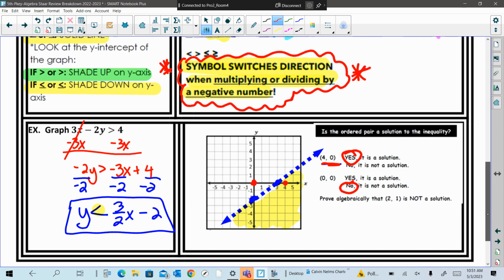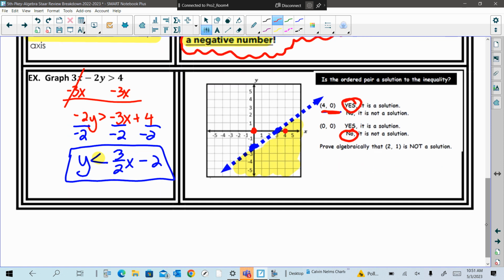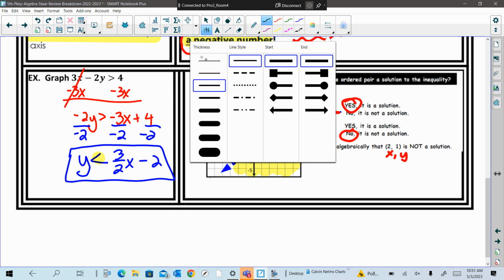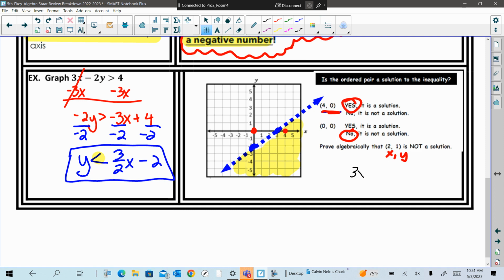Okay. Now to solve algebraically, if they give you a point without a graph, understand your point is your x and your y. So what you could do is go back to the original inequality, which was 3x minus 2y is greater than 4. We're going to substitute the 2 for the x, and we're going to substitute the 1 for the y. So that would be 3 parentheses 2 minus 2 parentheses 1.